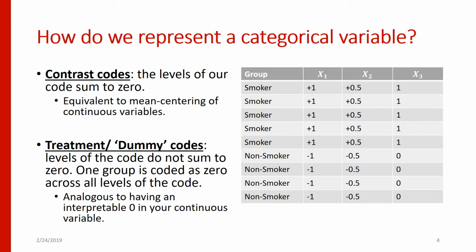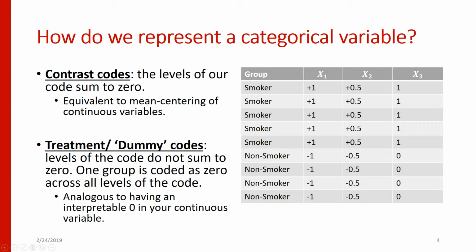It might actually be useful to have a treatment code, because if we were doing a simple regression in this situation, then the intercept is the value of y when x is 0. Well, x is 0 for non-smokers, so our intercept becomes the predicted value for non-smokers, and then we'll modify that to make a prediction about smokers.